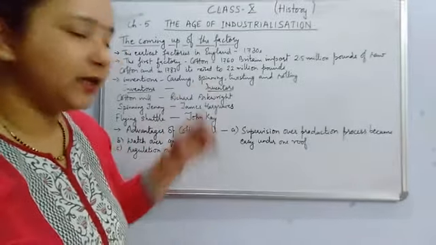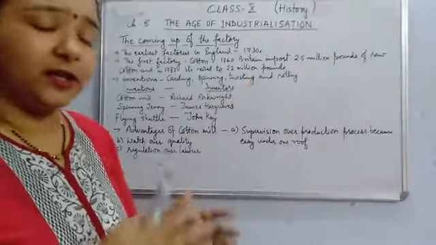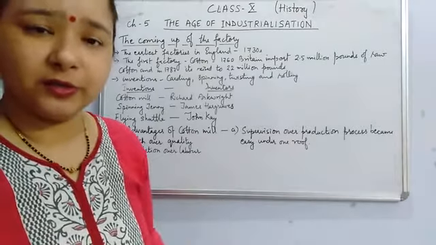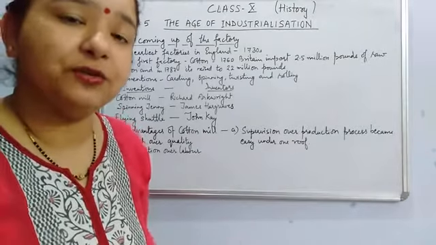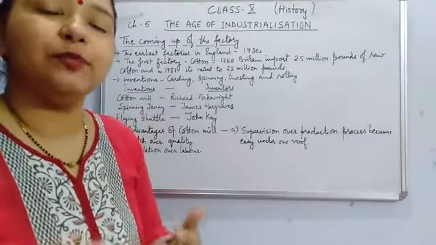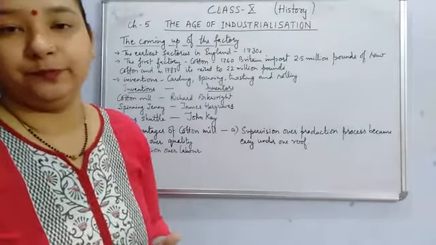Spinning is weaving, making cloth. Rolling is a process which gives a proper finishing to the cloth. So these steps involved in making textile improved.